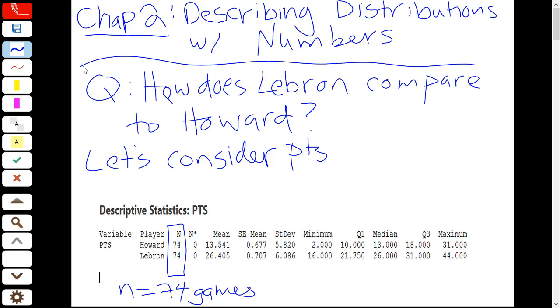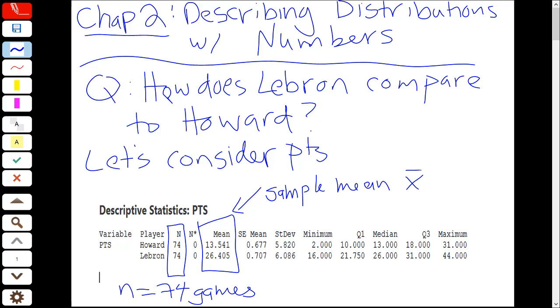Let's take a look at the average points per game for each of these two players. This information is the sample mean, denoted X bar. On average, LeBron scored 26.4 points a game, and Dwight Howard scored 13.5 points a game.